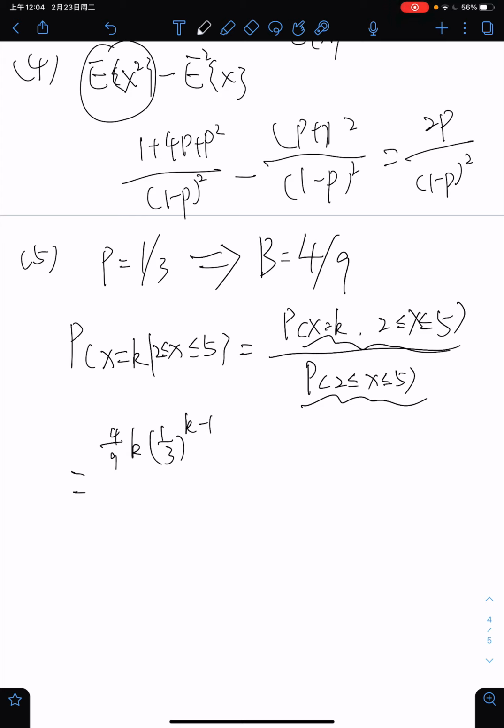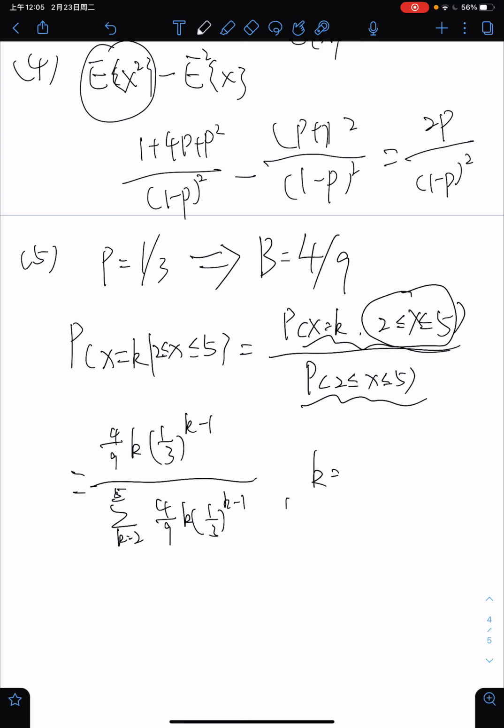Here we can see the numerator needs another limitation, so we write it down: k takes 2 or 3 or 4 or 5.